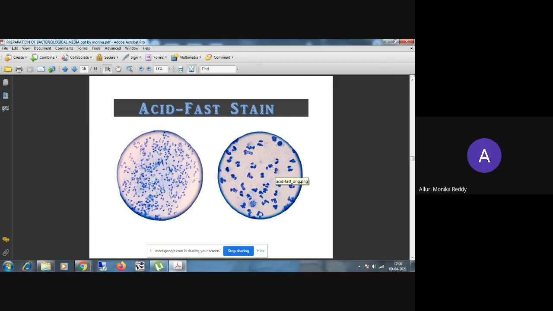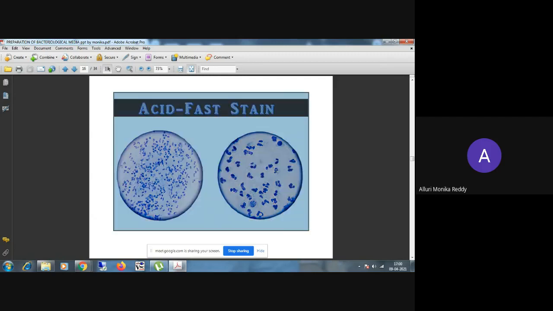This technique is useful for the diagnosis of disease causing bacteria like the tuberculosis bacterium. We can also add tergitol, a lipid detergent, to the carbol fuchsin stain.